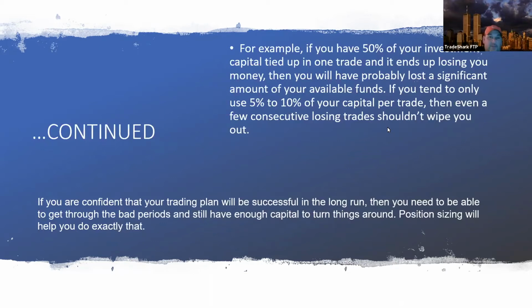Now, if you only tend to do 5 to 10%, even if you have like 10 in a row, it shouldn't at that point wipe you out. Okay. It shouldn't, because you're going to have other trades that are on. So if you're doing 5% or 10%, then that trade shouldn't wipe you out.